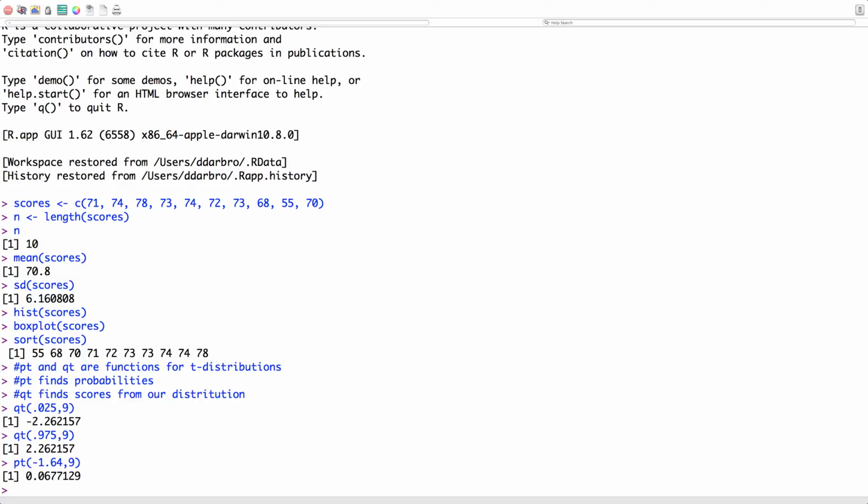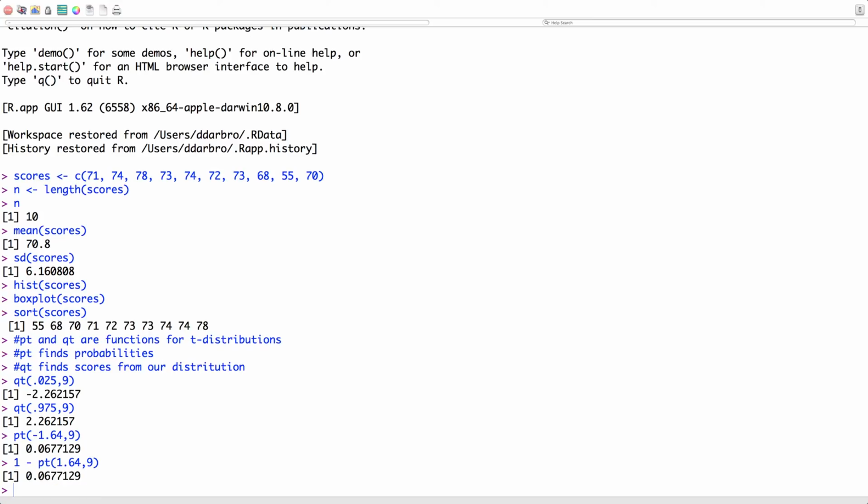Now, we could have multiplied that by 2, or as an illustration, if I want the area in the upper tail, what I would have to do is take 1 minus PT of 1.64, degrees of freedom 9, to get the same value.